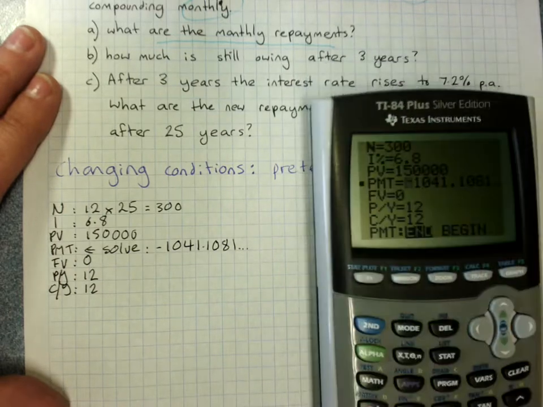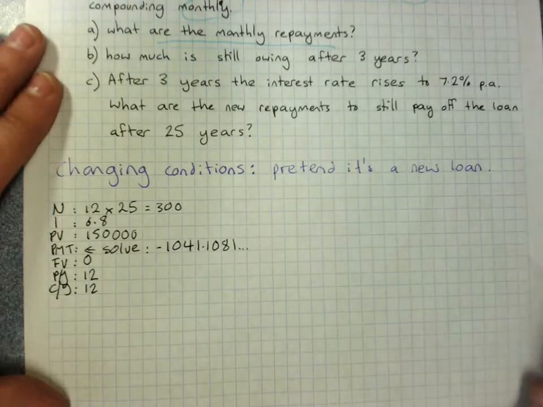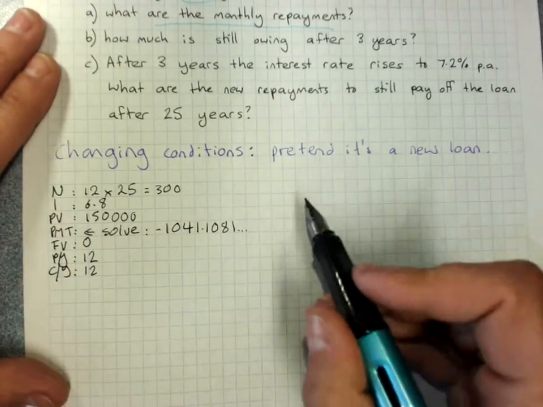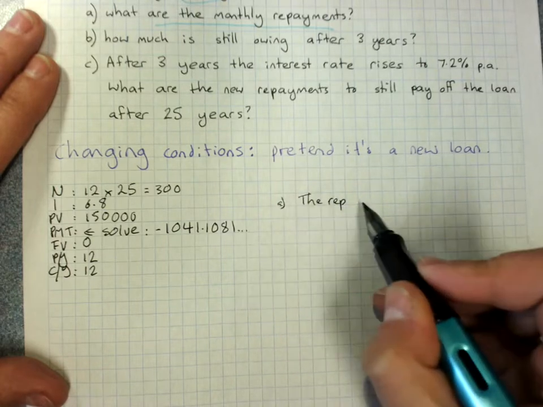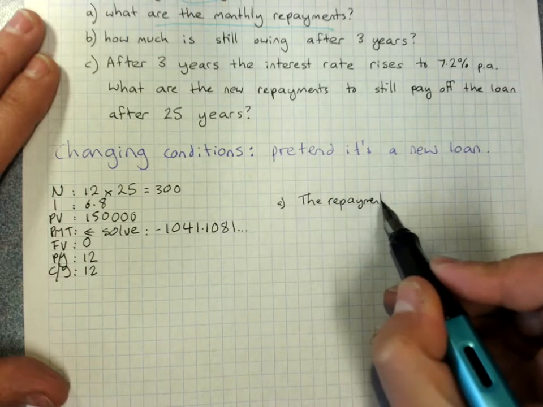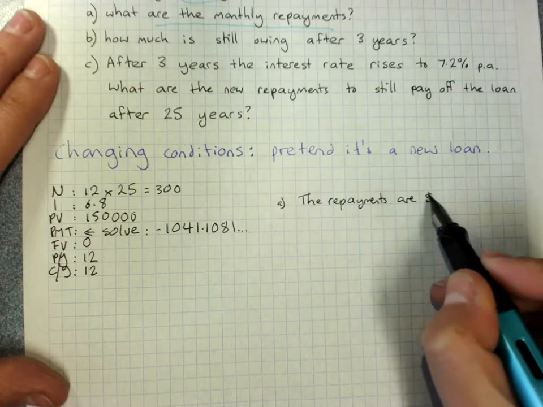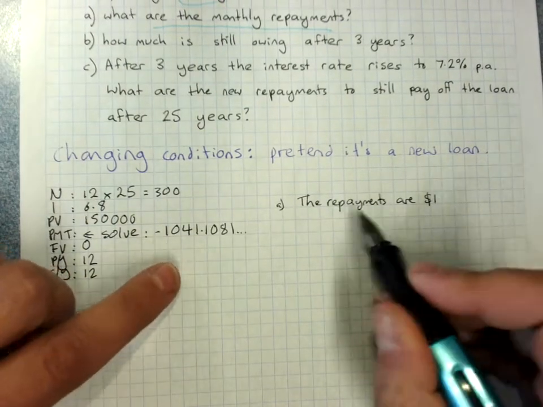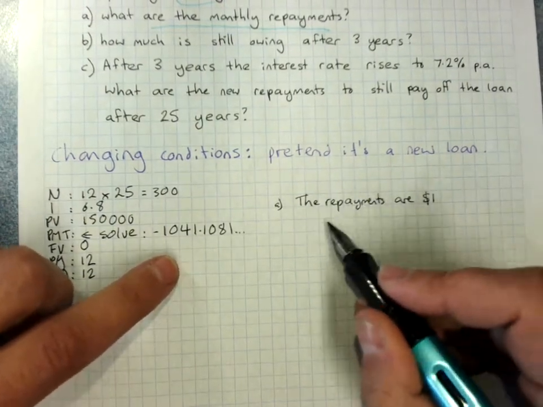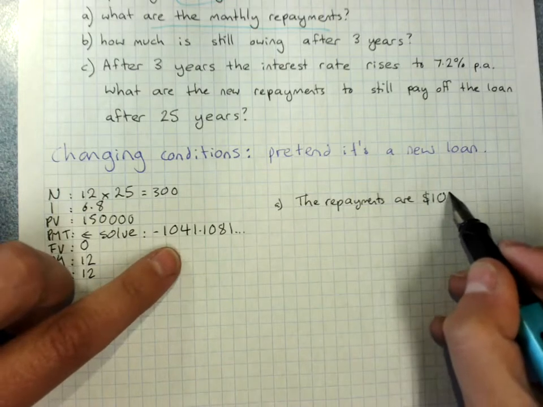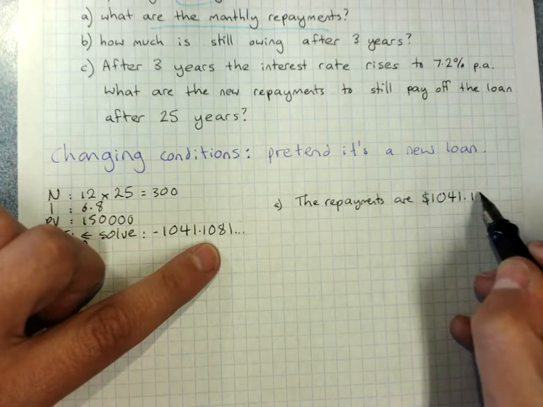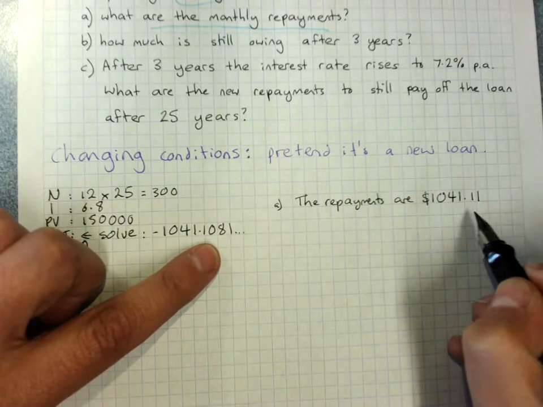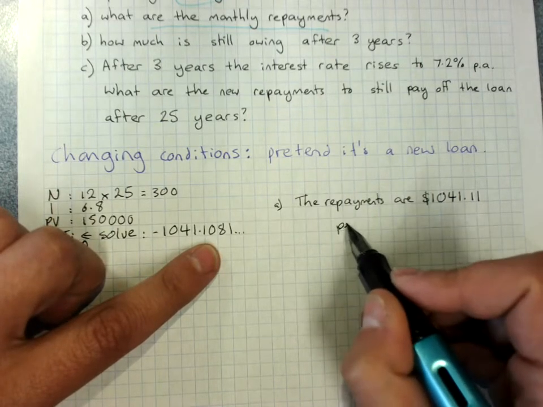And then, two very important things to do. One, word answer. So for question A, positive answer because the repayments give the negative implication. Two decimal places, and that's per month.